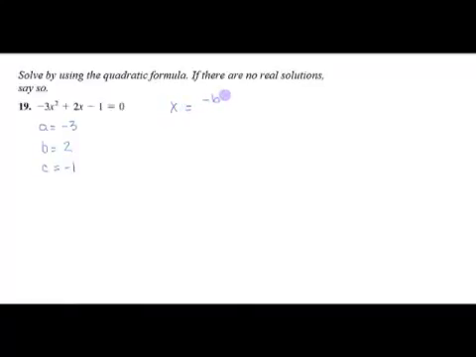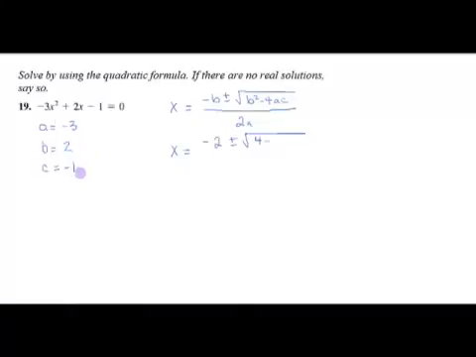It's negative b plus or minus the square root of b squared minus 4 times a times c all over 2 times a. Now let's substitute in the values that we have for this equation. Negative of b, so negative 2, plus or minus the square root of b squared, which is 4, minus 4 times a times c.